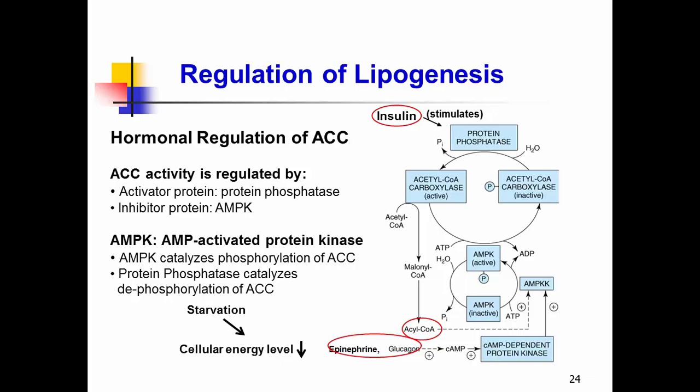So AMPK directly regulates ACC, right, by phosphorylating ACC and inactivating ACC. And AMPK is increased during fasting, right? You know, the glucagon and epinephrine levels can increase AMPK. Right? Any questions? Okay.